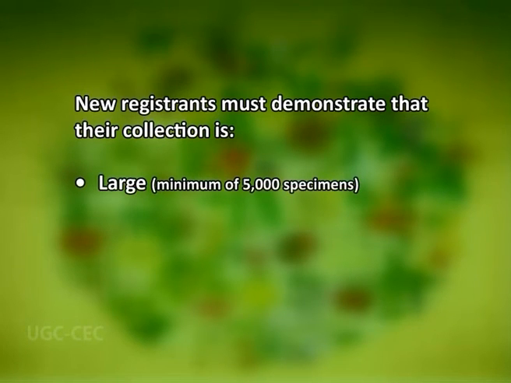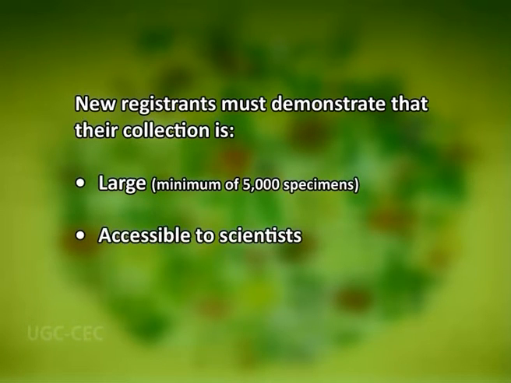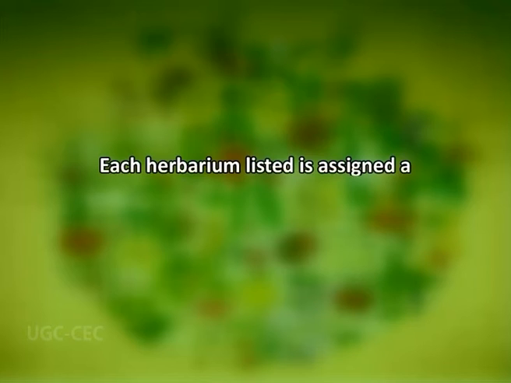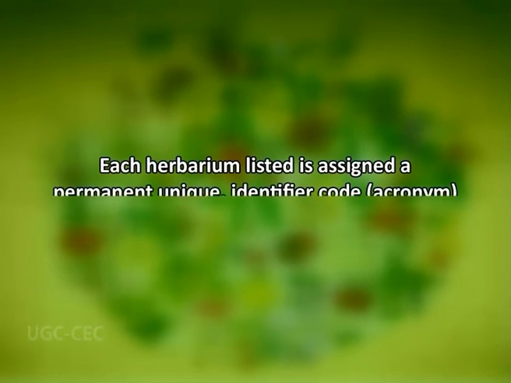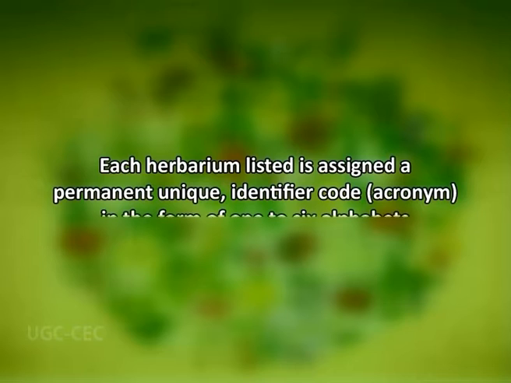New herbaria which intend to be registered under the Index Herbariorum must demonstrate that their collection is quite large, usually a minimum of 5,000 specimens, which must be accessible to the scientists, and these specimens must be actively managed. Each herbaria that is listed is assigned a permanent unique identifier code, what we call as acronym, in the form of 1 to 6 alphabets.